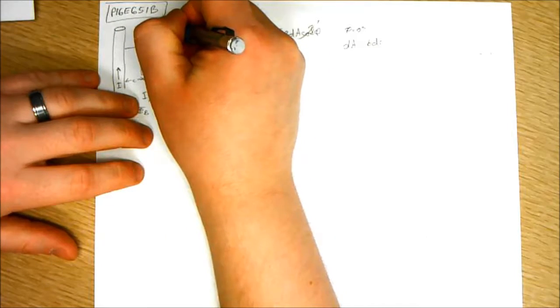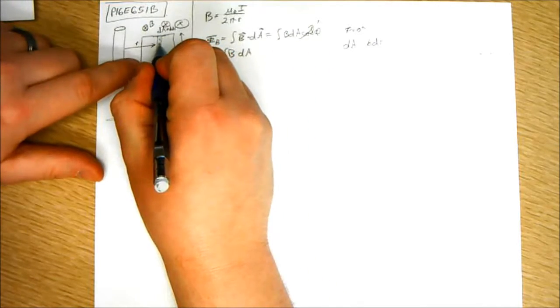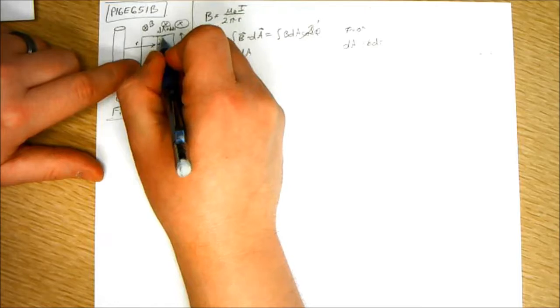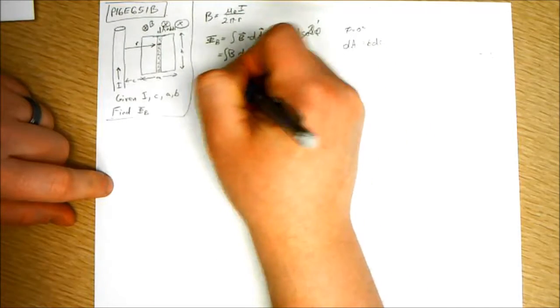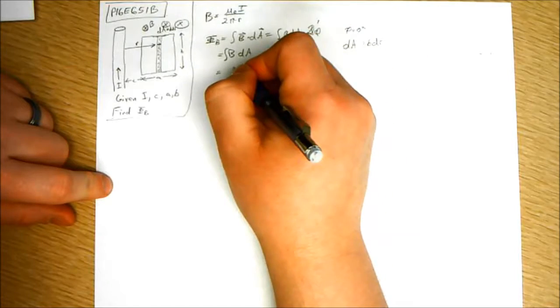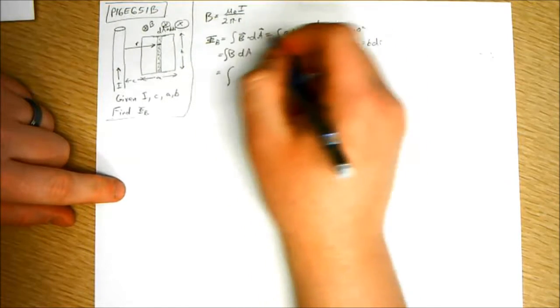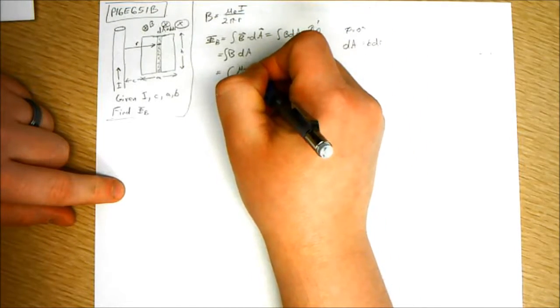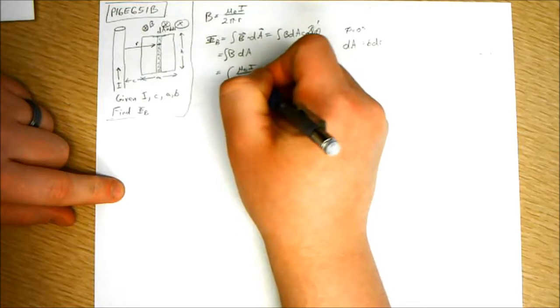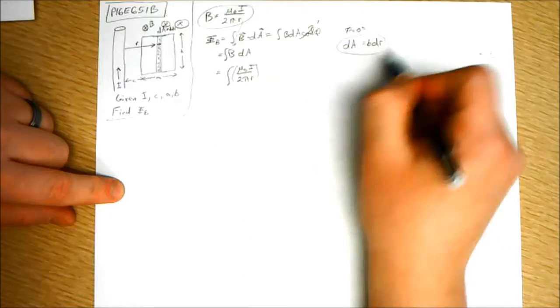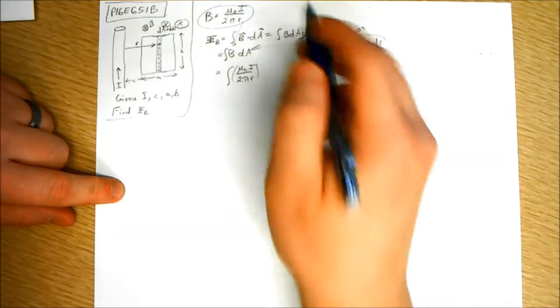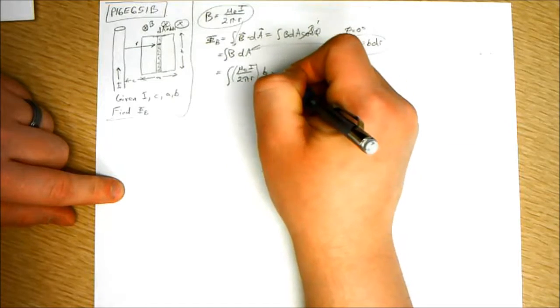So this equals b dr. So this is the change in r times b. So I can plug these two things in: the integral of mu naught I over 2 pi r, just plugging that in for B, and I can also plug that in for dA, so b times dr.